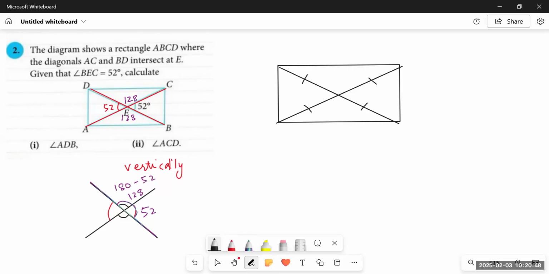Similarly, these two sides are equal to each other. And what happens? The four triangles that are formed would all be isosceles triangles. You see, this is triangle number 1, this is triangle number 2, this is triangle number 3, this is triangle number 4.